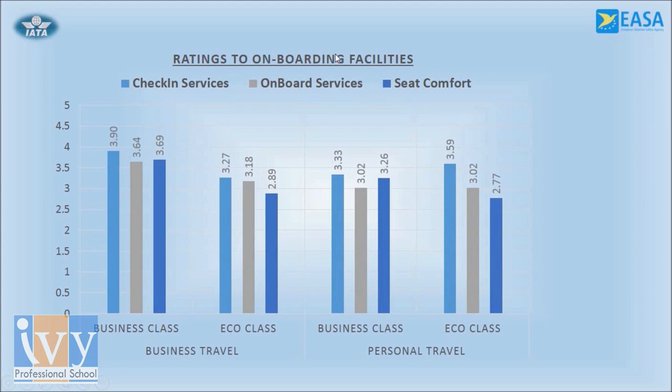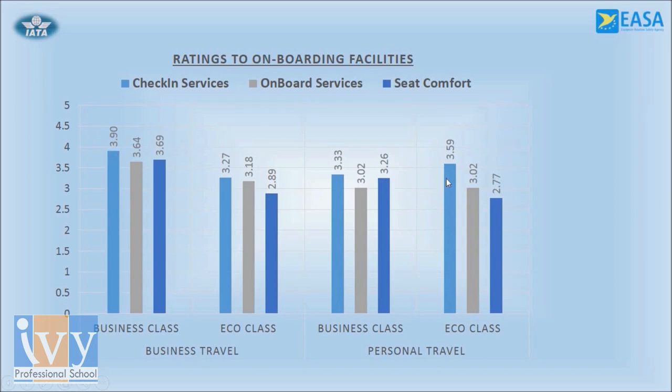The onboarding facilities include the check-in services, the onboard services, and the seat comfort. The check-in services are well above the 3 point mark, some even going above 3.5 for the personal travel economy class, and for the business travel persons in the business class, touching almost 4, which is quite good.